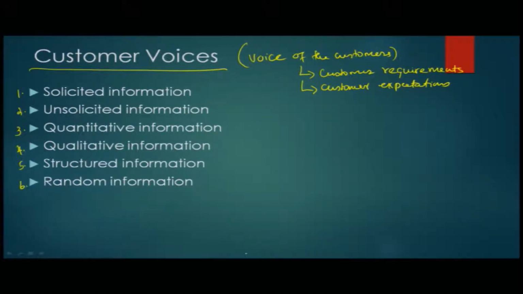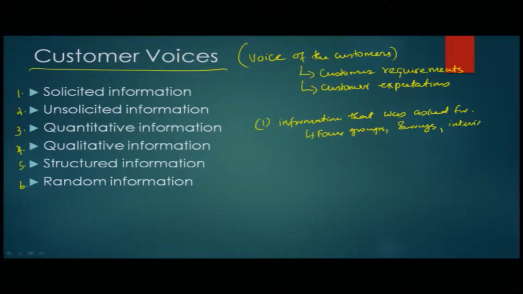So, solicited information, number 1, is information that was asked for. Okay. So, you conduct different mechanisms like focus groups, surveys, interviews, field visits, etc., and then ask the customer what they want.